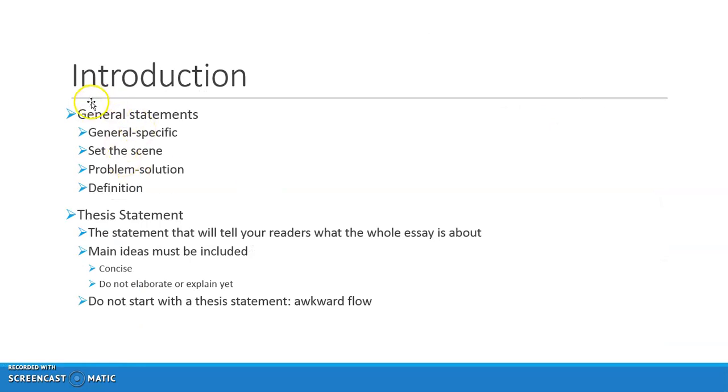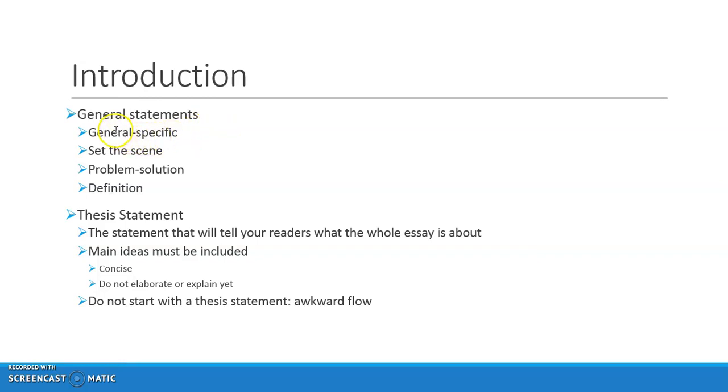Alright, so general statements can be written in 4 different manners, right? If you remember, we've learned this in class before, it can be written in a general to specific method, where you start with something really general and then you move on to something much more specific, right?